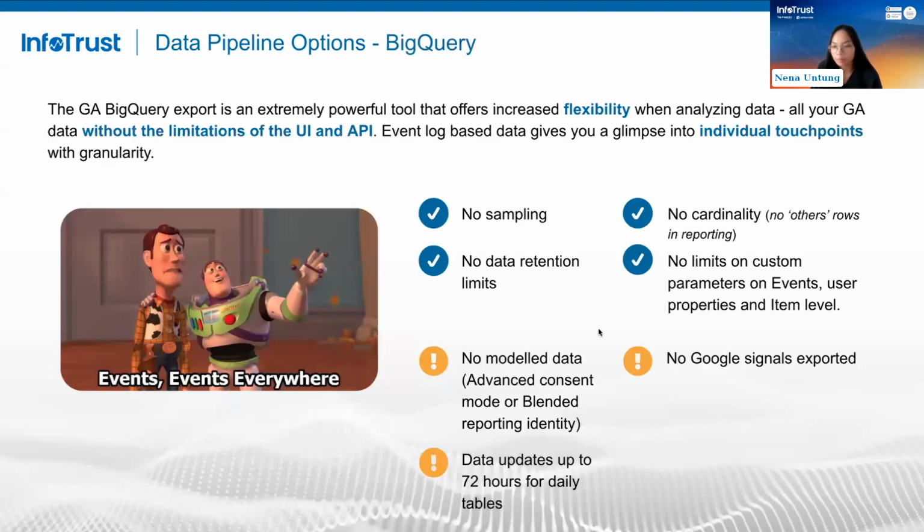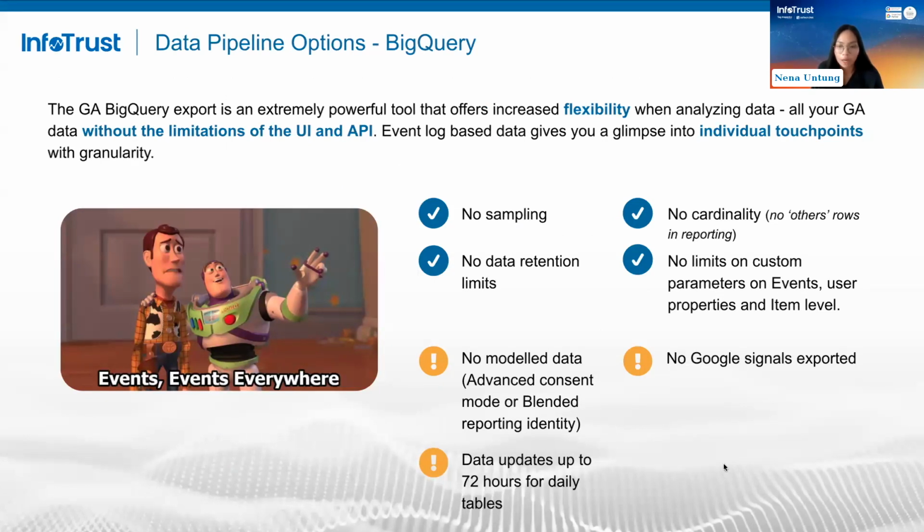With that being said, ultimately, BigQuery is the best option when it comes to creating fully customizable reports using the available GA4 raw data points. It's the only option without any limits in terms of sampling, cardinality, data retention, as well as unlimited custom parameters and events that can be utilized within a single table.